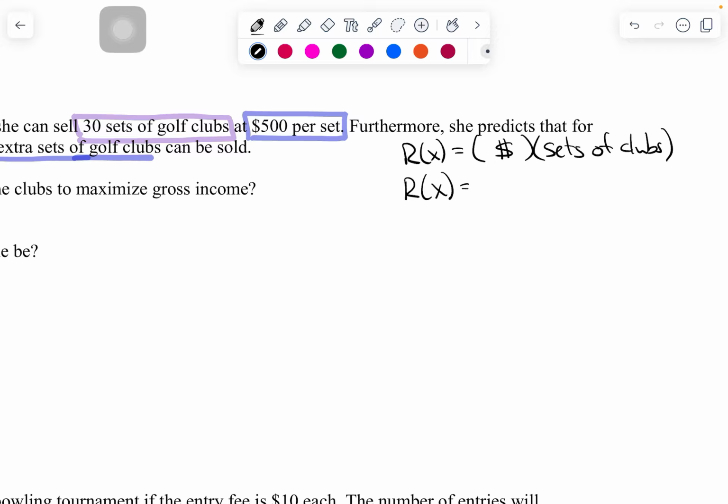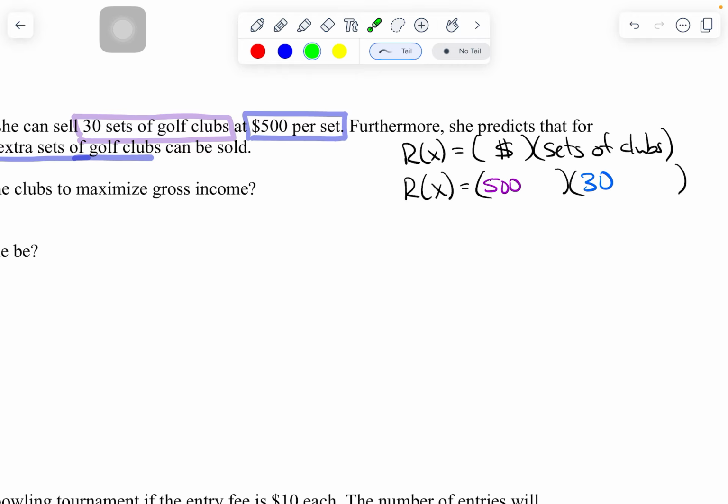So R of X is equal to, and then we're going to start talking about the original. So money-wise, we have $500 per set. So 500. And in the original problem, we have 30 sets of golf clubs. All right, so sets of golf clubs, there's 30.